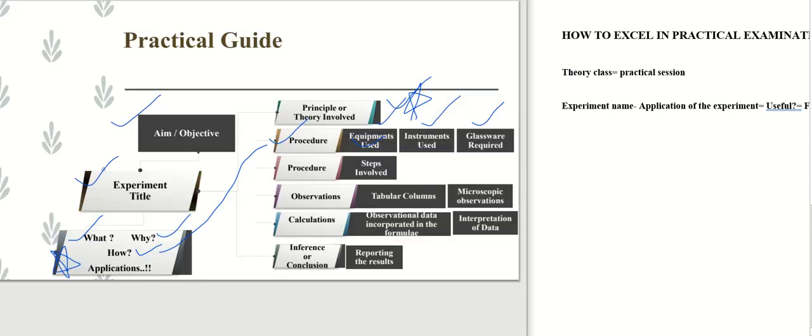The questions regarding practicals might also include the type of instruments to be used in that particular experiment. For example, with respect to this experiment, I might ask you to write down the various viscometers that are used to determine viscosity.